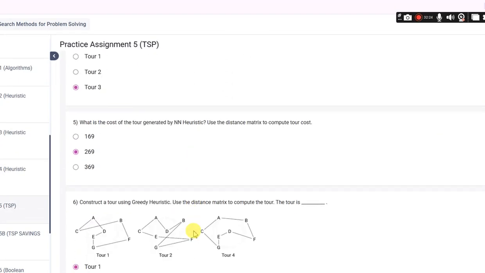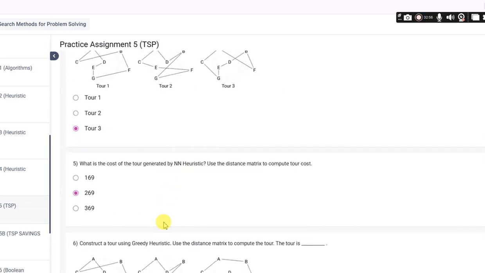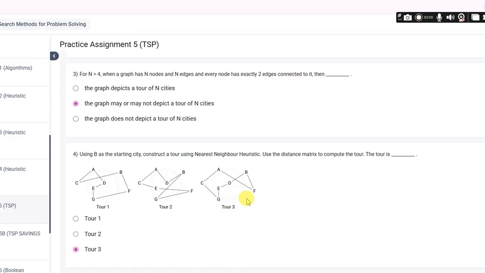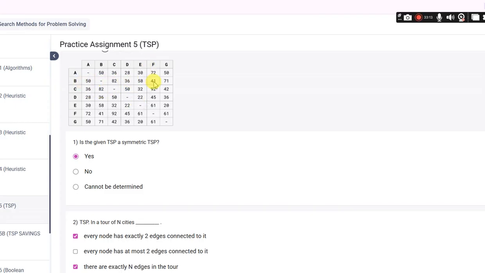If we add all of this, we will get the answer 269. Then we will add 41.